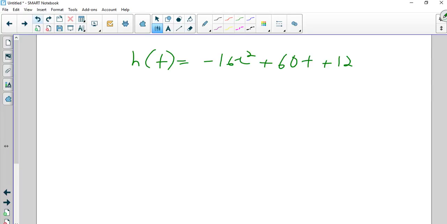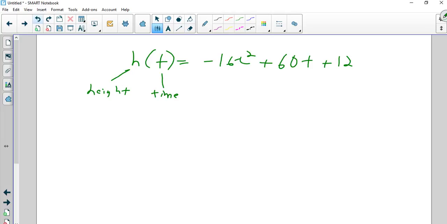Okay, and this is a formula where h is height in terms of time. In other words, as a function of time. As time changes, what happens to height?